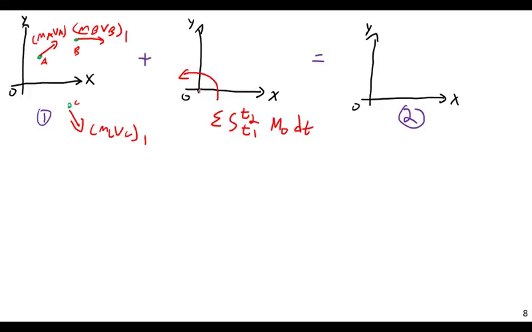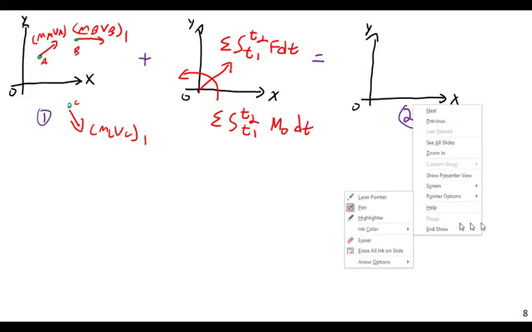And I also might have some forces, so a summation of the integral from T1 to T2 of F dt. So basically we'd be integrating across all the forces and all the moments, and that would produce the final velocities of all of these particles.